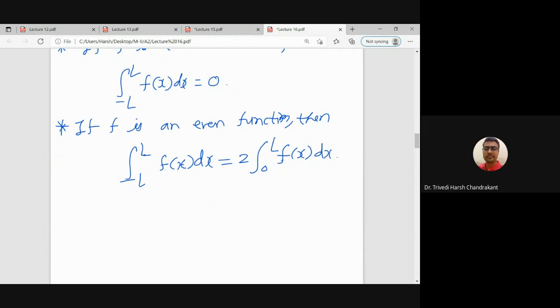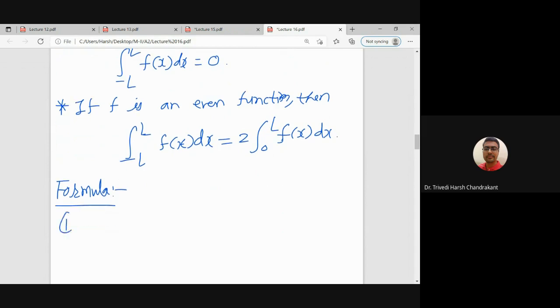So further we will use certain other formulas which you already know in special cases. All these formulas we will need to find the Fourier series of a particular function. So first, if we integrate sin n pi x over the interval minus L to L, the value of the integral is 0.